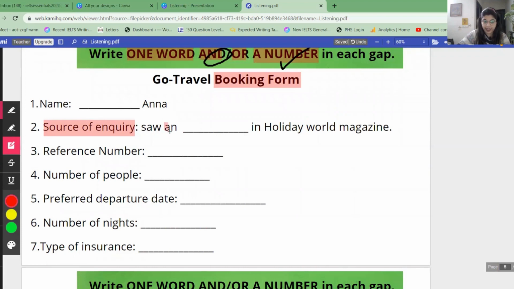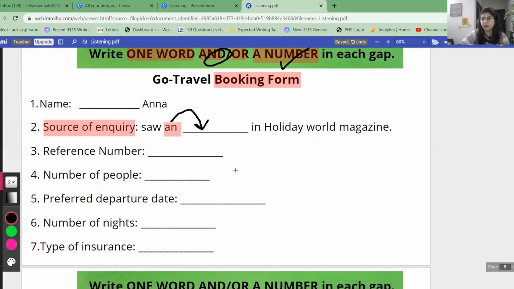Now see, "an" means whatever the answer would be here, it should sound with a vowel, right? Now, saw an dash in Holiday World magazine. Okay, so if we want to predict the answer, then definitely we can say the person must have seen an advert. So a word related to that maybe can be the answer.